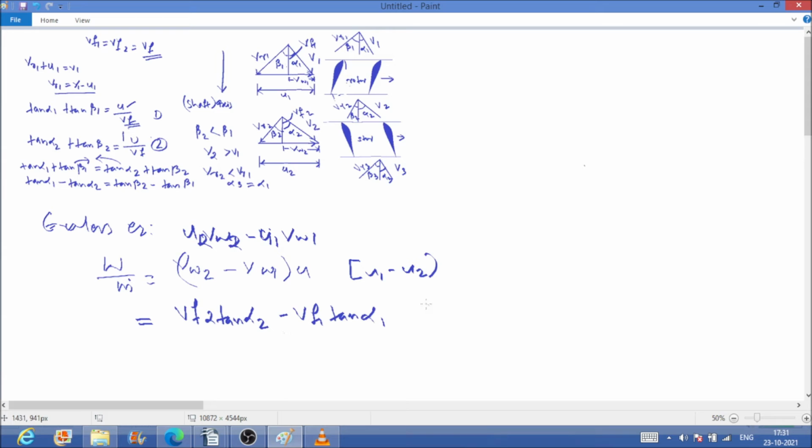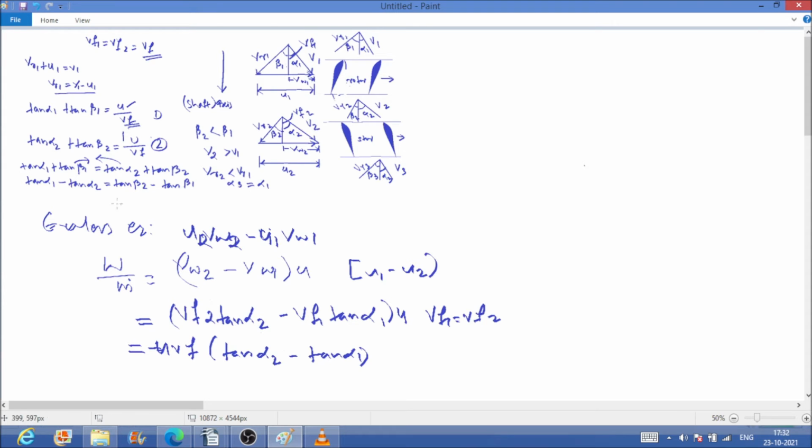Now I have already considered Vf1 is equal to Vf2. So this is equal to Vf into tan alpha 2 minus tan alpha 1, and outside of this expression I have u. So the work done is u Vf (tan alpha 2 minus tan alpha 1).